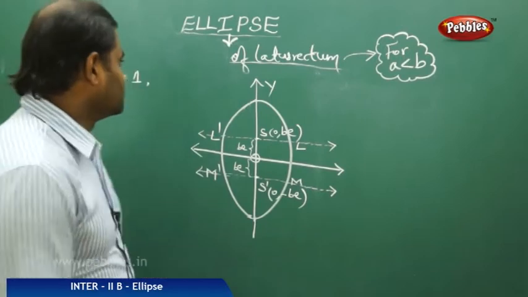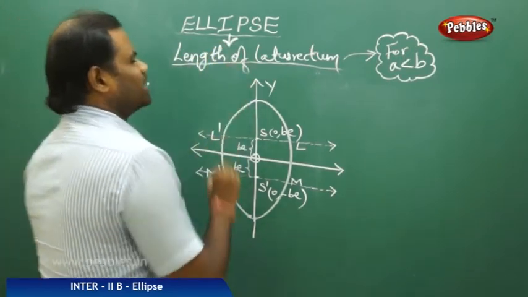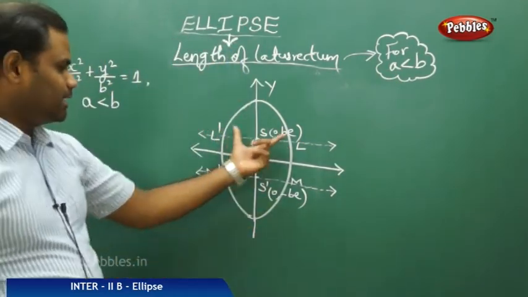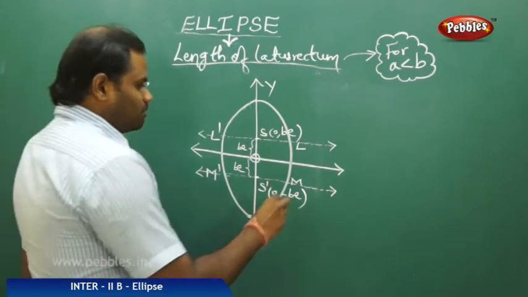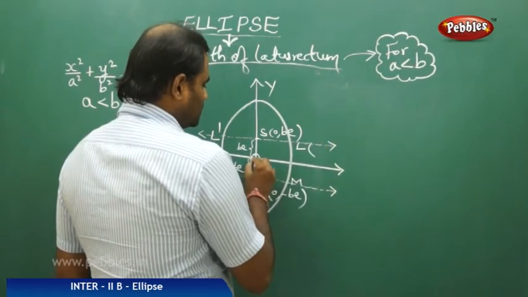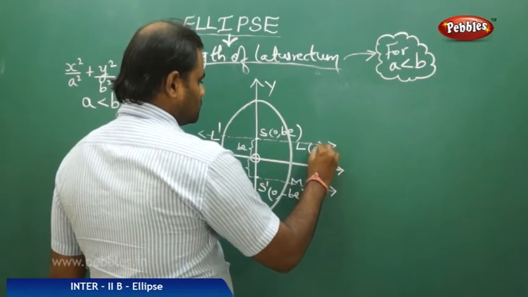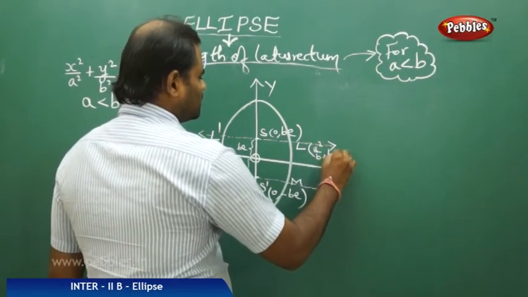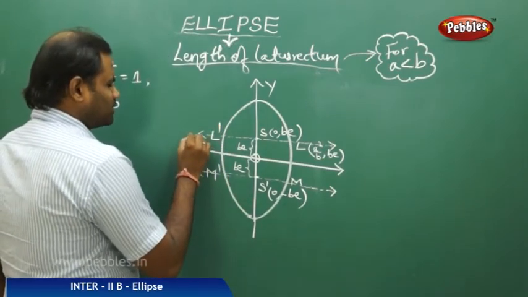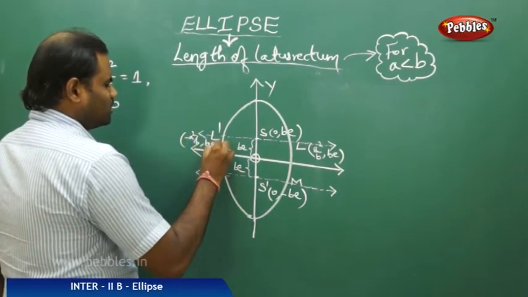Now as I've seen that the lateral recta are LL dash and MM dash, the endpoints of the lateral recta are given by L, which is (a square by b, comma be), and L dash given by (minus a square by b, comma be).